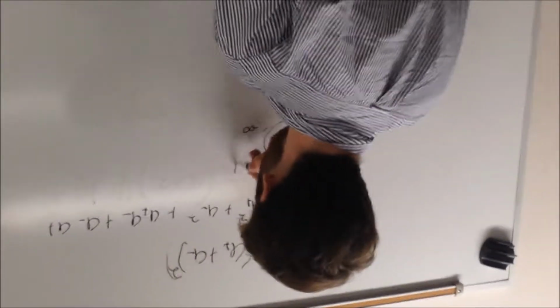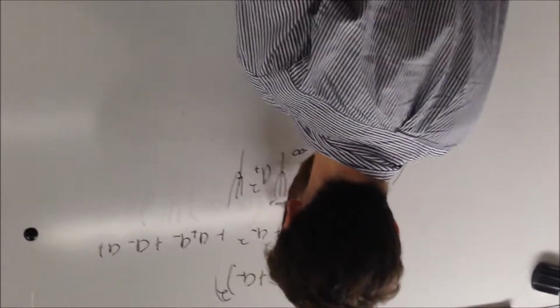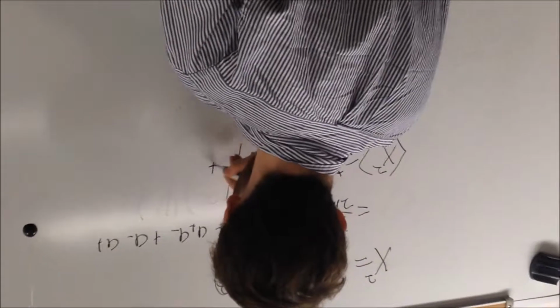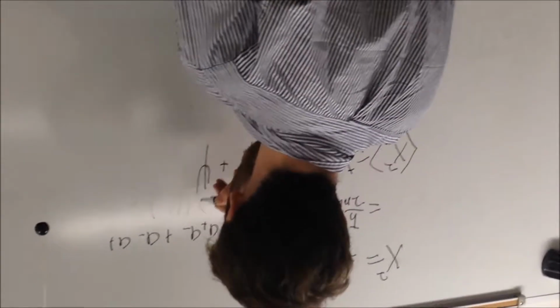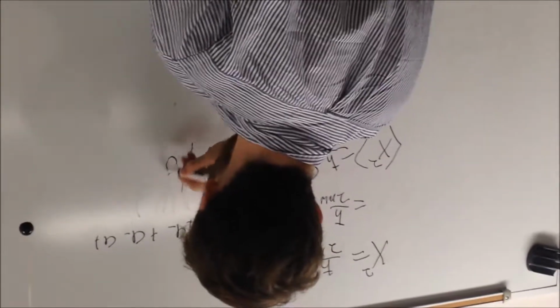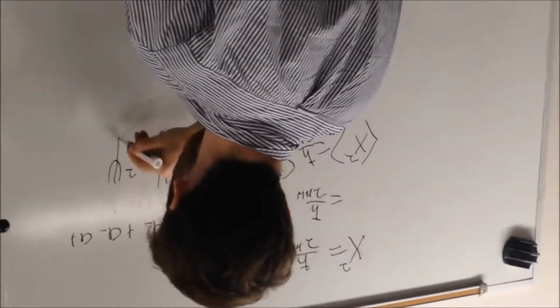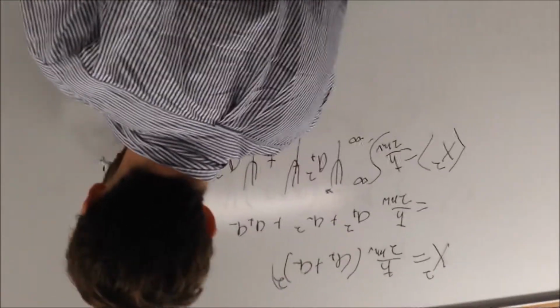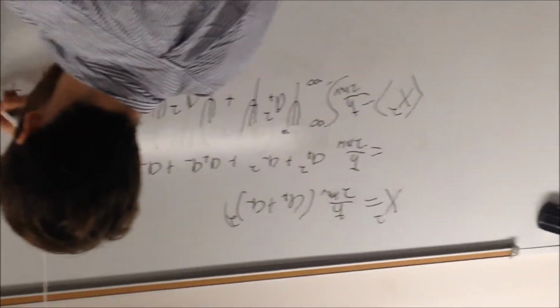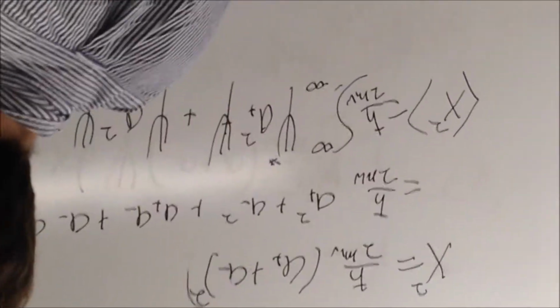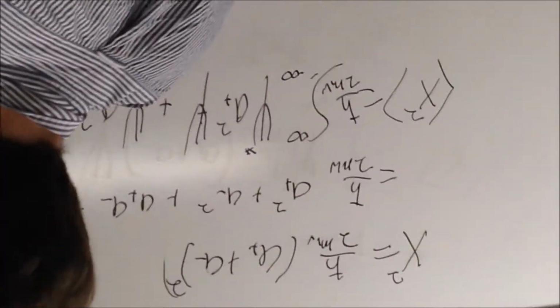Pull out the h bar over 2mw times psi a plus squared psi, this is a psi star, plus psi a minus squared psi plus psi a plus a minus psi plus psi a minus a plus psi dx.